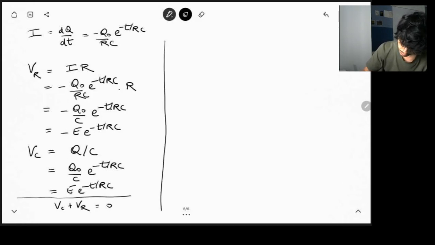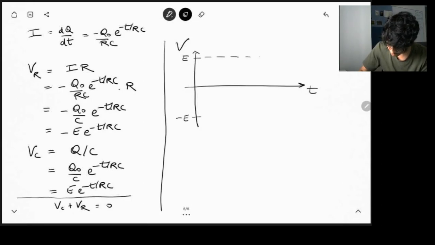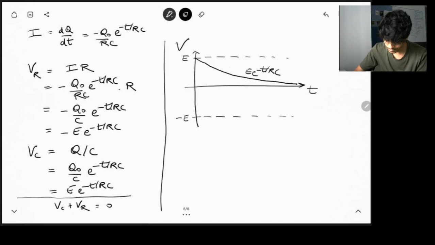So let us plot this now. So Vc, so if this is E and if this is minus E, then you will find that Vc is an exponentially decaying positive function, whereas Vr, so this is Vc, Vr is the same but with a negative sign.